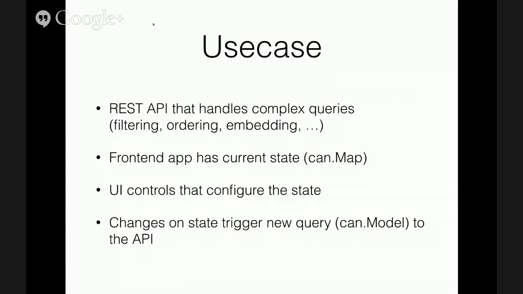Actually, it's held in can.map, and we also need some kind of UI controls that configure the state, like the filtering options, and every change on the state triggers a new query via can.Model to the REST API and renders the results.